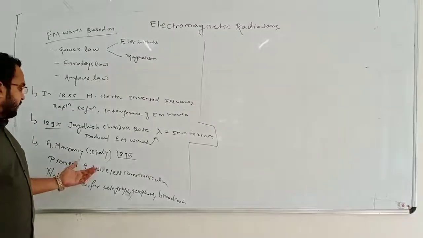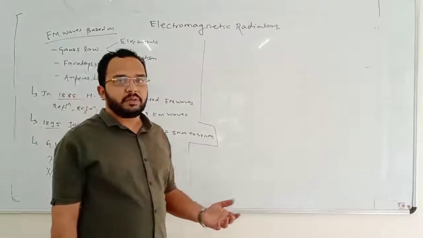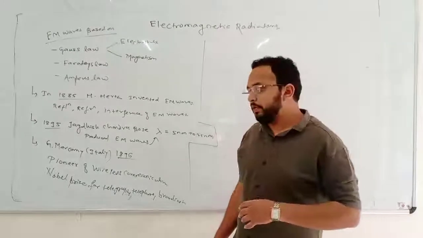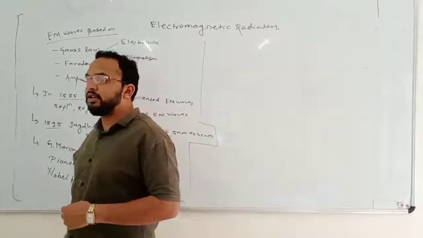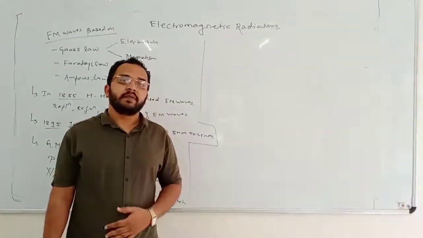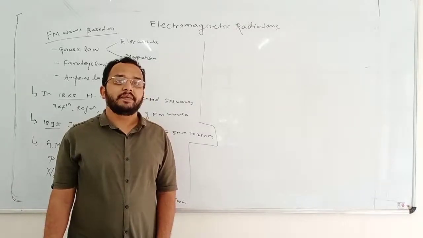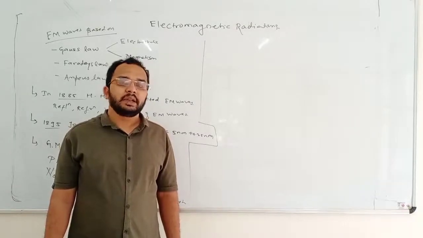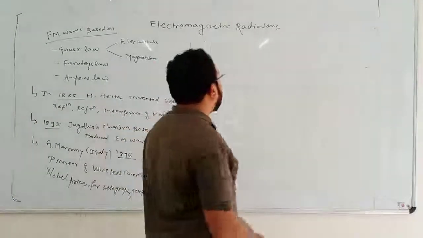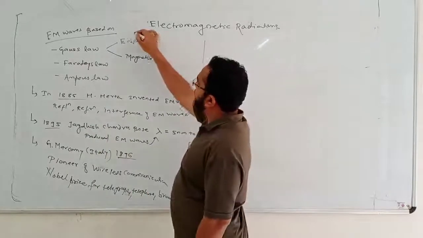And G. Marconi, who is from Italy, is called the pioneer of the wireless communication system, because wireless communication is one of the most useful technologies nowadays, from the 1990s, in telephone or telegraph, then television, radio.